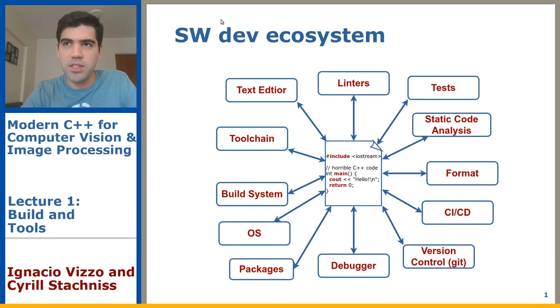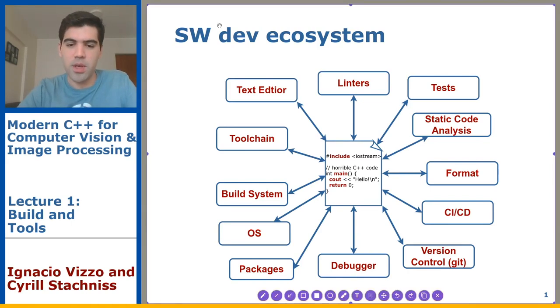It's not just the source code you write. Learning how to use these tools will give you superpowers in terms of how to work with C++ and any other language in general. In this course, we will discuss some of these tools, but not all of them.